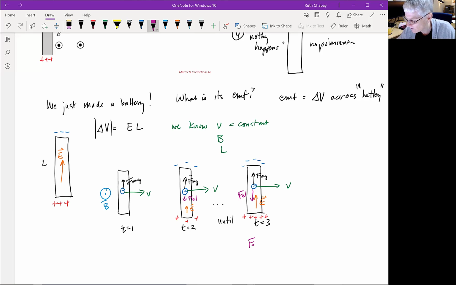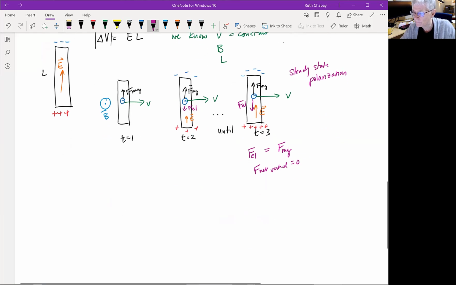So the electric force is equal in magnitude to the magnetic force. So F net vertical equals 0. So we reach this final polarization. So this is steady state polarization.